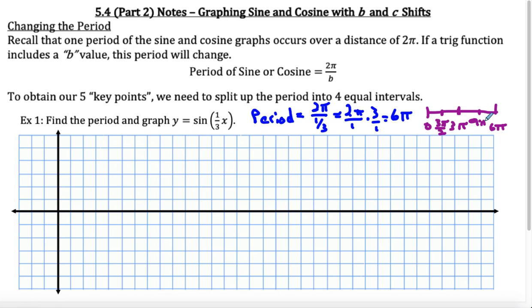So those are going to be my key points on the x-axis: 0, 3 pi over 2, 3 pi, 9 pi over 2, and 6 pi. Just make sure you're going in equal space when you're graphing these.